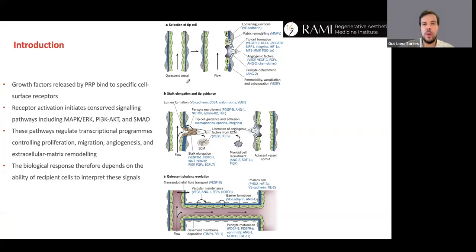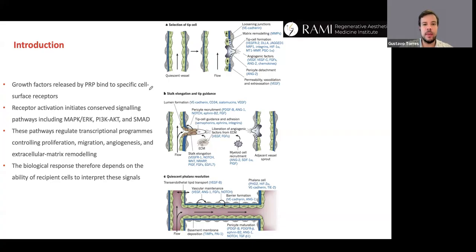Whenever wounds heal or whenever tissues heal in general, there's always the need to activate the production or the improvement of the blood flow locally, because otherwise the cells that are being produced are not going to function. So this is a very important factor in regeneration. In regenerative medicine, we often do not consider that blood flow to the local of the regeneration is needed, but there's a very important aspect here.